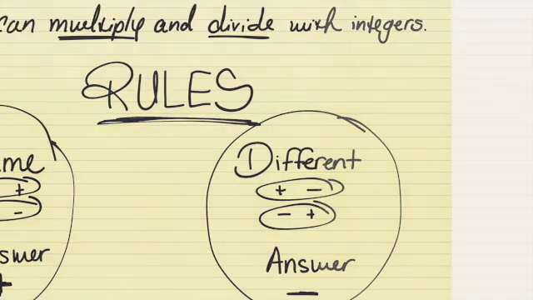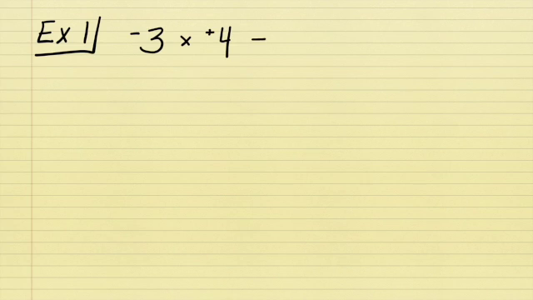So let's look at a couple examples. We're going to start pretty basic here. Example number 1. Let's talk about negative 3 times a positive 4.